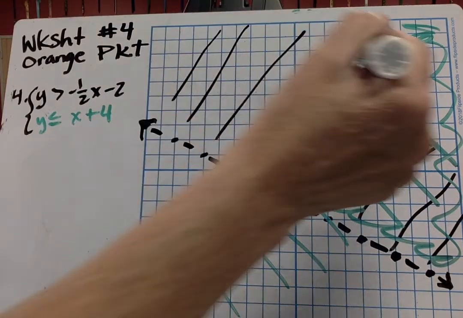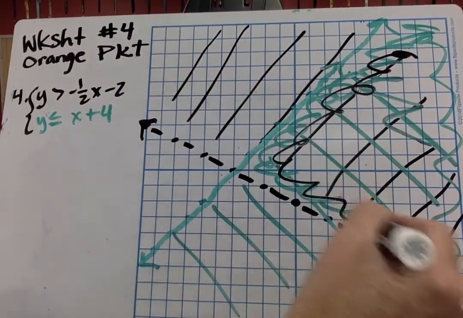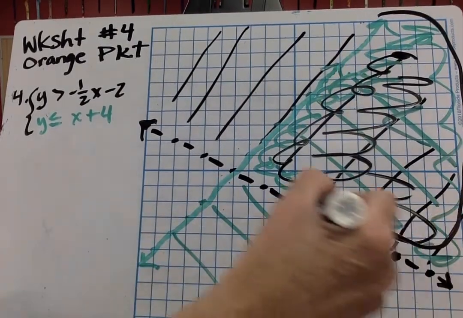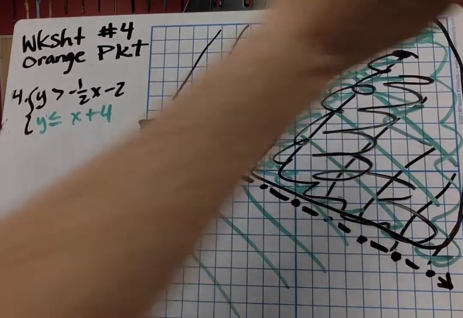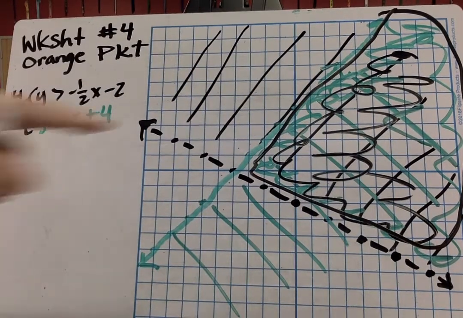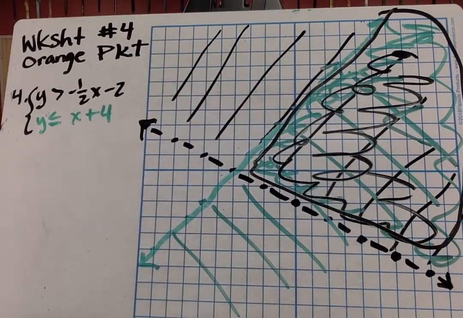So if you just make a darker shading in all that area, it's just that 1/4 of the graph here. You know, I don't like to mess up the line, so I don't like to really circle it. So if you make it very clear that that's where the two colors were, there's your solution there. And again, that is number 4.